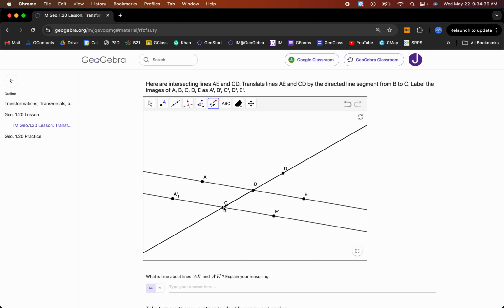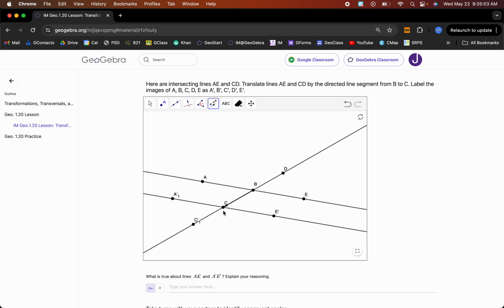Okay, well, that's not all that shocking because we just translated it right along the track that it's running on, right? So that's not a big deal. So B would land where C is, and C would land down here, right? So if I translate C by B to C, I will end up with, oh, it's not letting me, but that point, there it is.